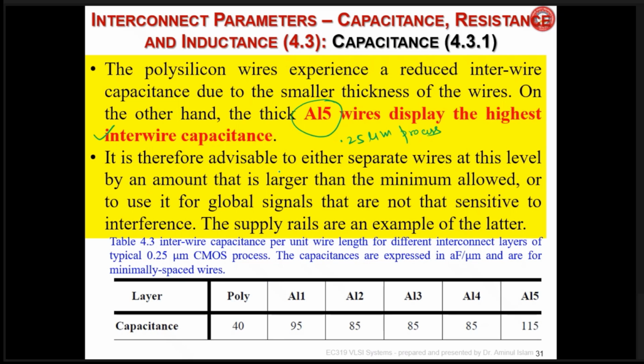It is therefore advisable to either separate wires at this level by an amount larger than the minimum allowed, or to use it for global signals that are not that sensitive to interference, for example clock or ground, VDD, etc. The unit given for these capacitances is attofarad per micrometer.